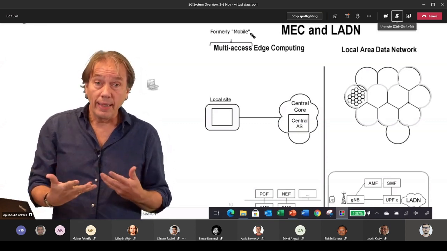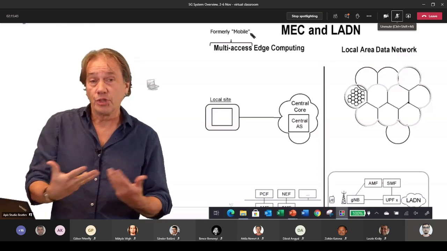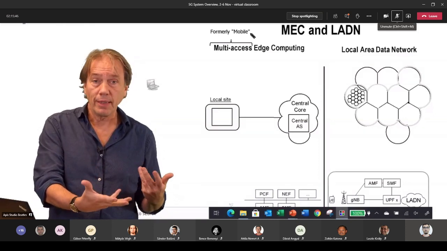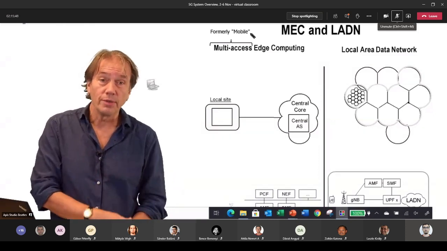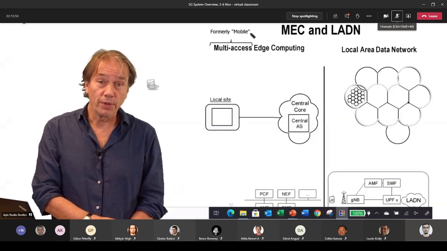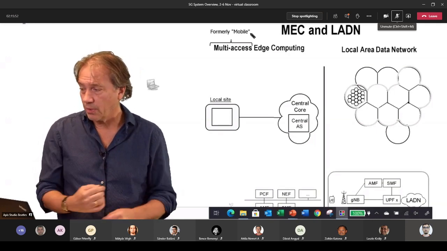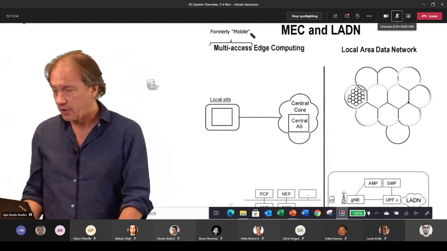And the general idea is to have services or applications closer to the user equipment, closer to the edge of the network or on the edge of the network.